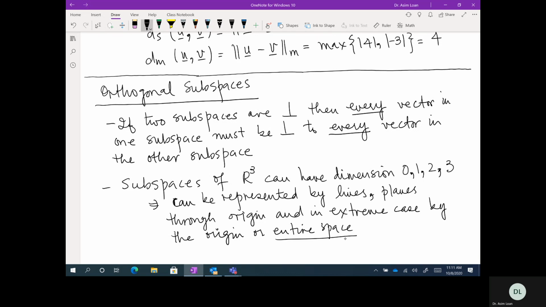So the entire space has dimension 3, the origin has dimension 0, this is a line and this is a plane.